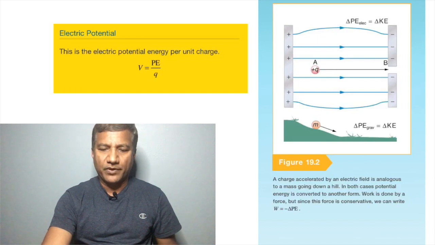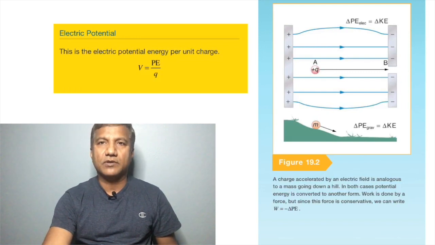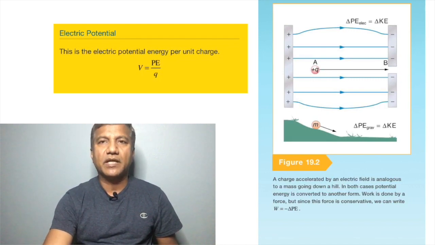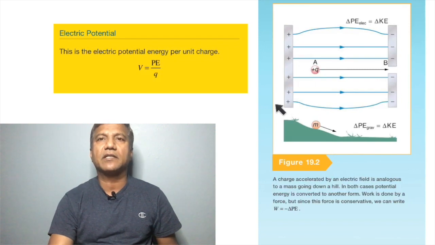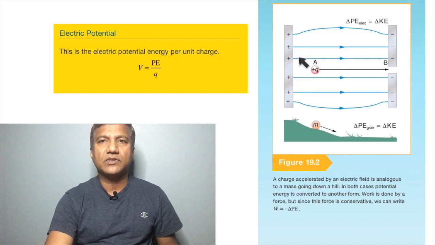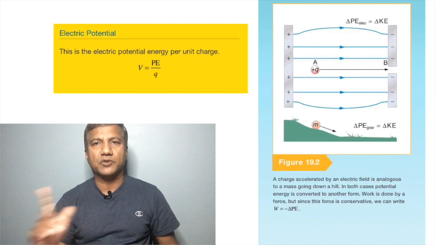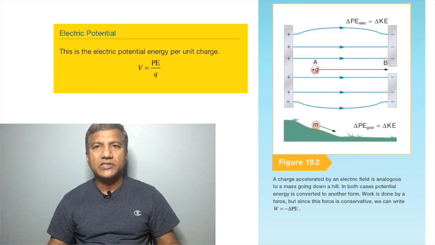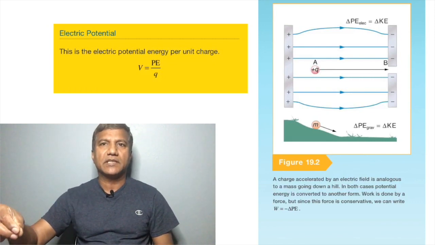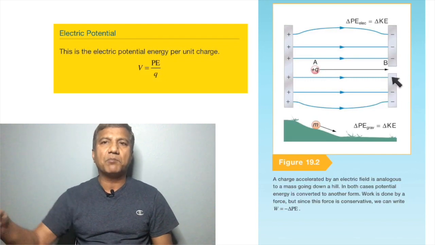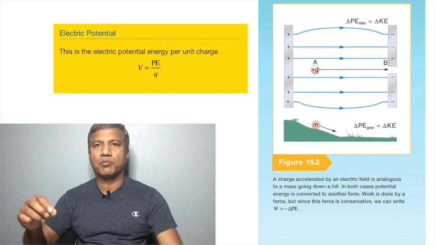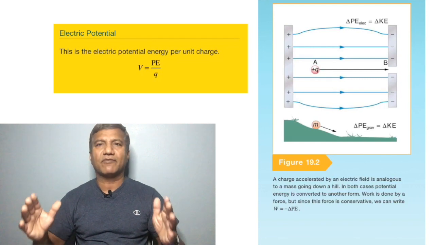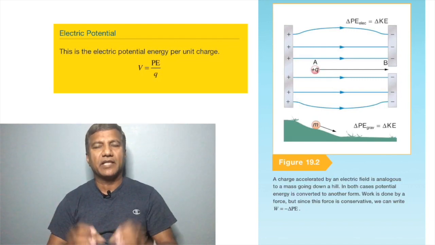From this formula, electric voltage or potential is potential energy by charge, which means when you take the charge to the other side, you get potential energy is equal to charge multiplied by electric potential. So electric potential is a function of a point in an electric field, and if you keep a charge at that point, that charge is going to have electrical potential energy.